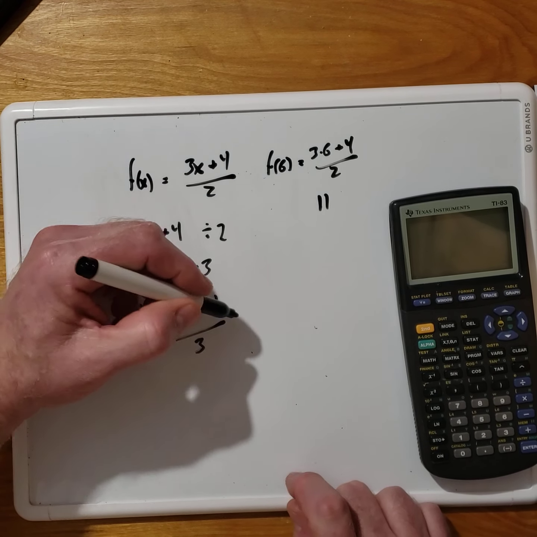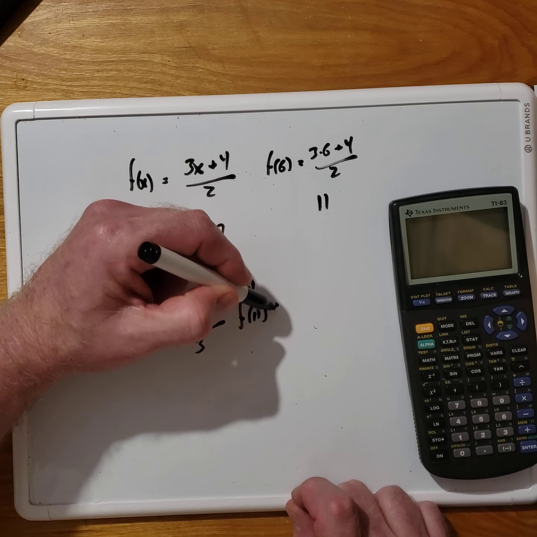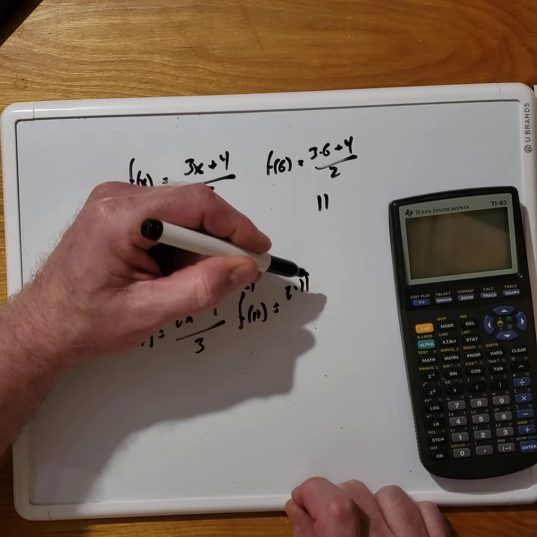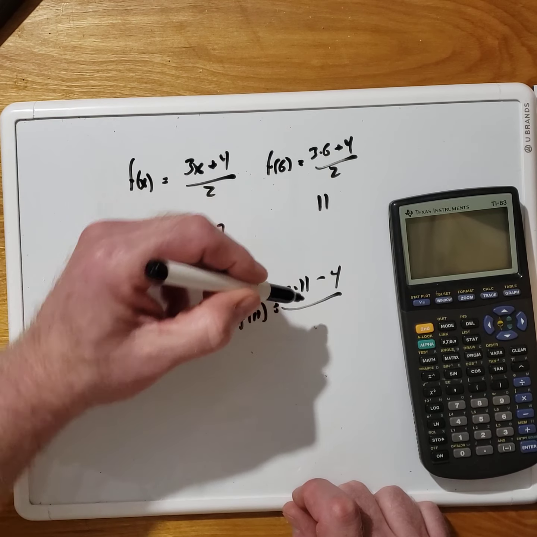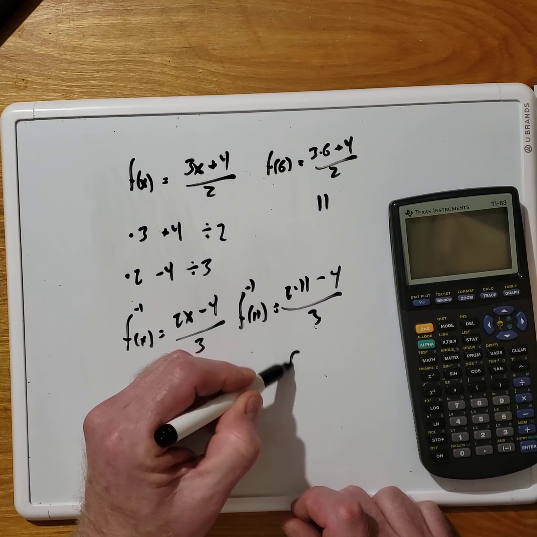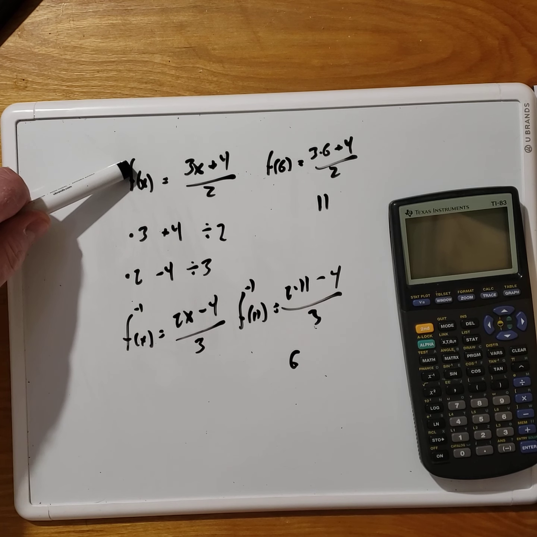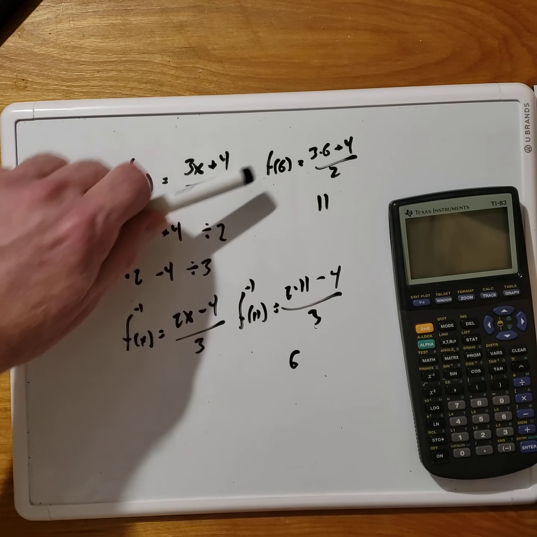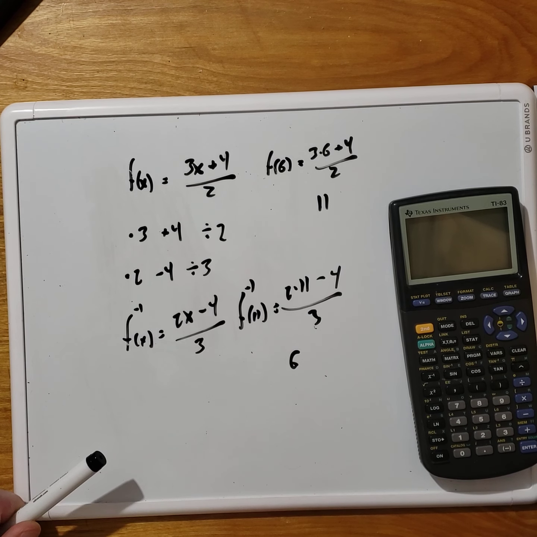If we put our 11 in here, f inverse of our 11, we'll get 2 times 11, which is 22, minus 4, which is 18, all divided by 3, which gives us our 6 back. Okay, and that's how inverse functions work. Whatever one function does to a number turns that 6 into an 11. Its inverse will take that 11 and give us our 6 back.